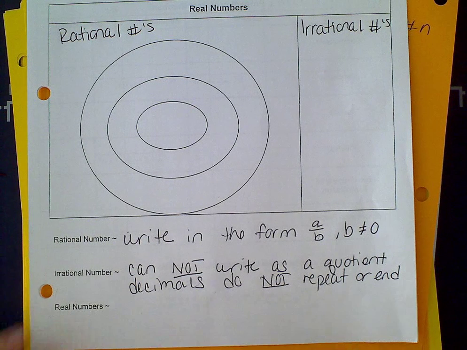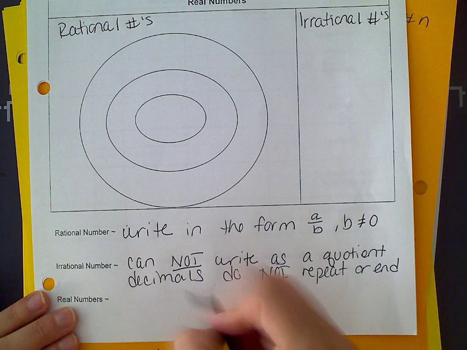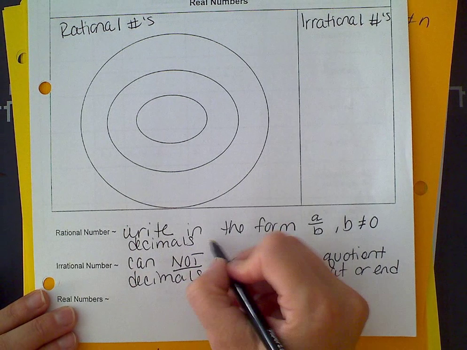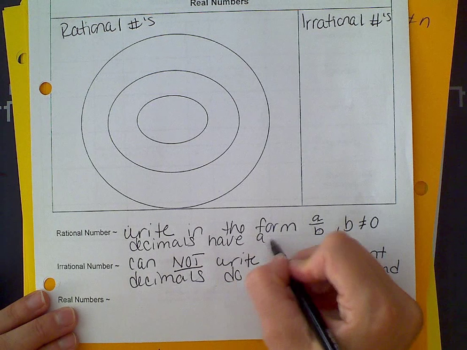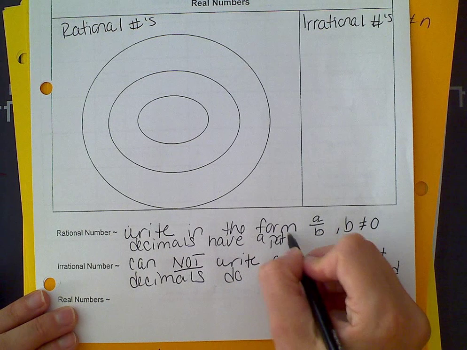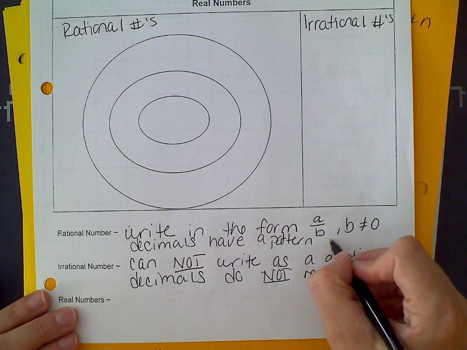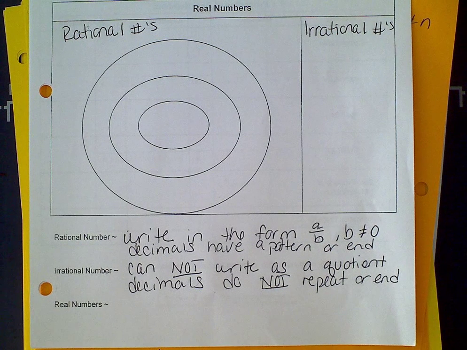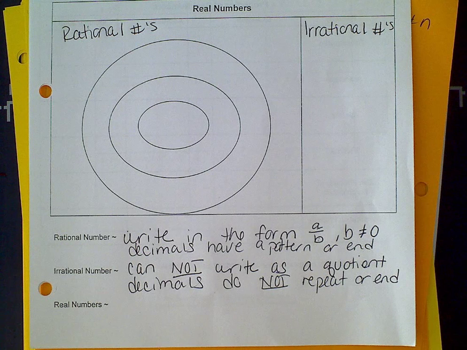It's not part of the definition of rational number, but maybe you just want to write that note. So here on rational number, the decimals have a pattern or end. So they're just the opposite of each other. So I know that's kind of confusing because that's just all the word part. Let's put some examples with this.